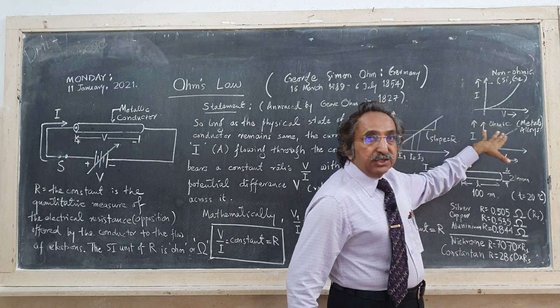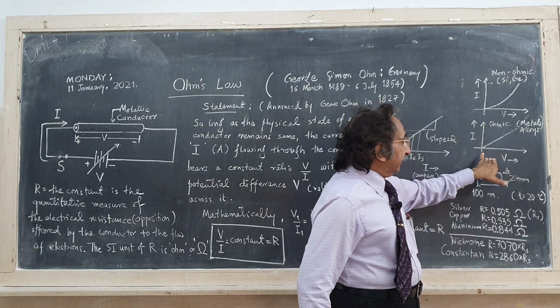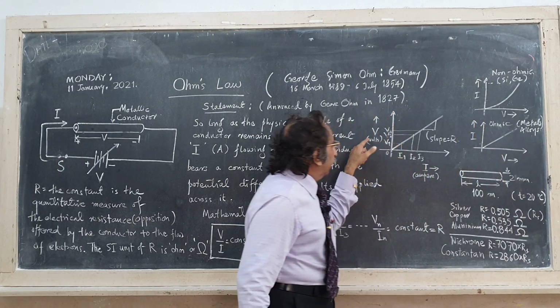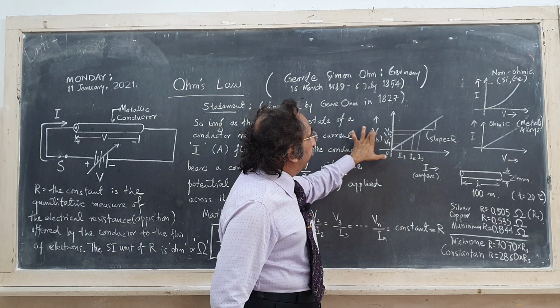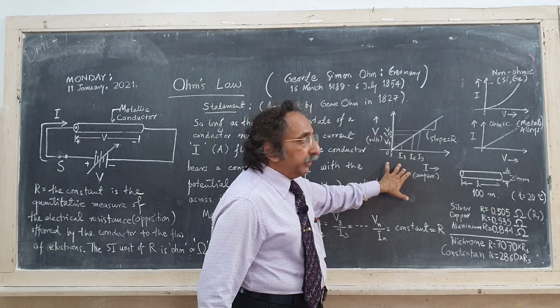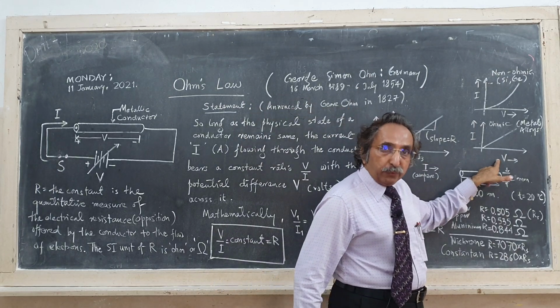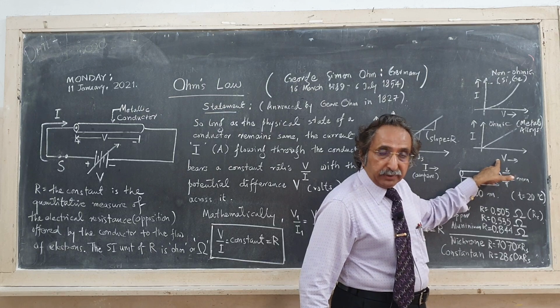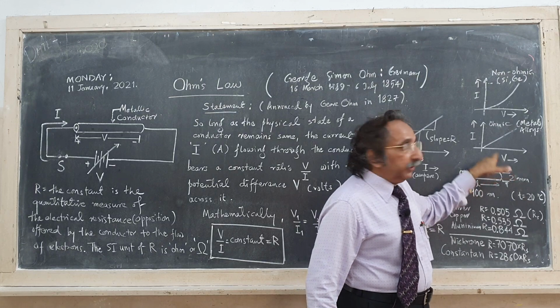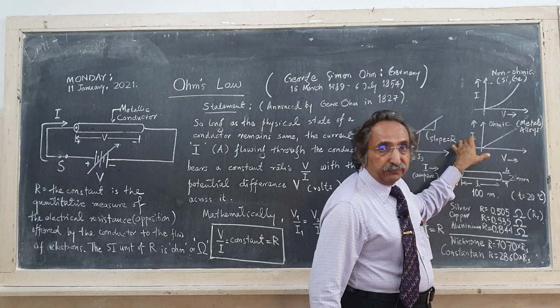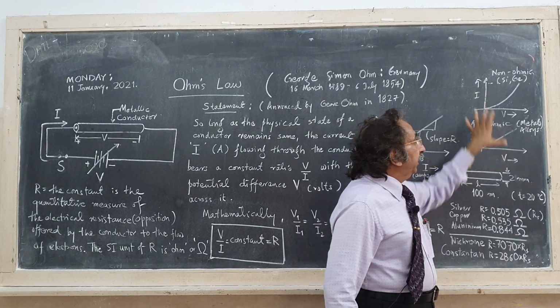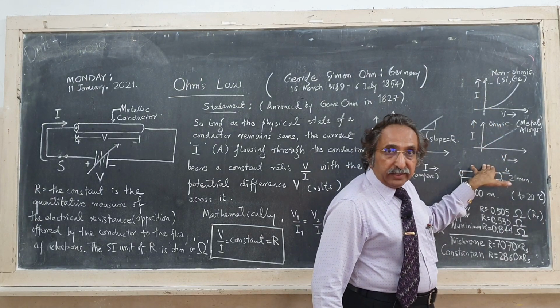Here we have changed the axis. For understanding Ohm's law, it is V and I over here. But here, applied voltage is the independent variable and the current produced is the dependent variable. So for studying a device, we plot this kind of graph.